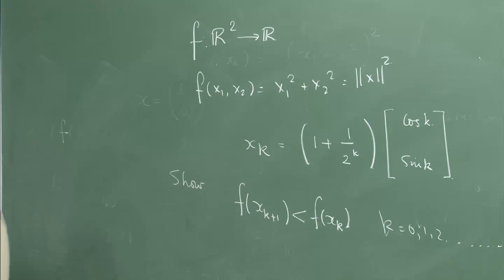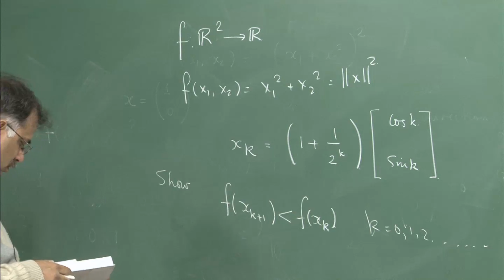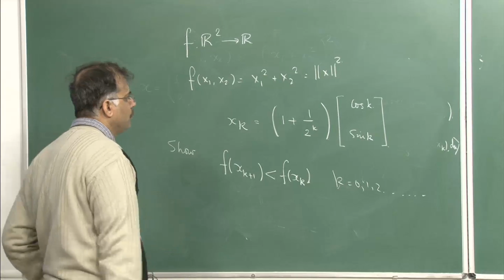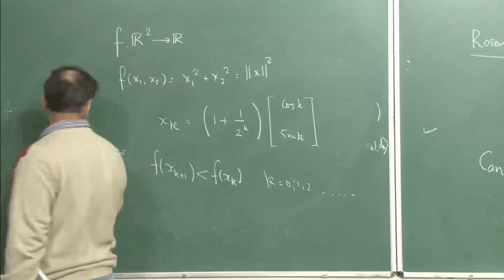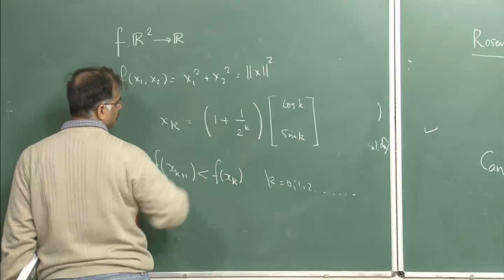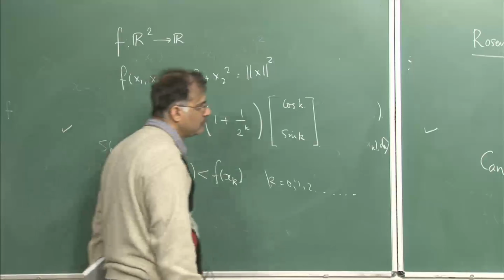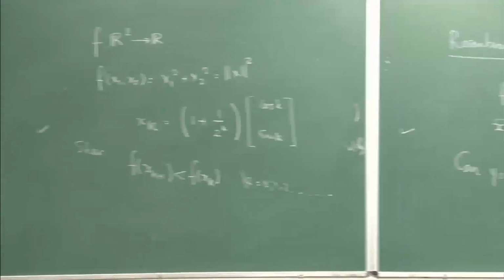So these would be two problems for you to show, that here the iterates, the function value is decreasing. Think about the geometry of this, but please keep a note that you have to do this.